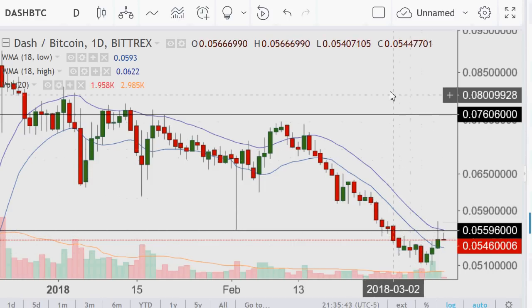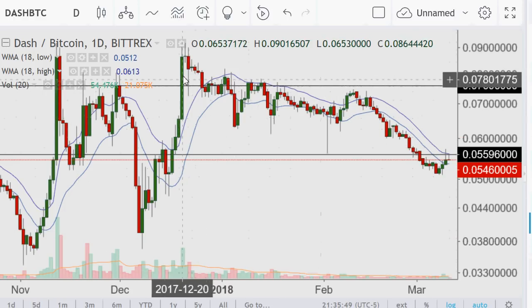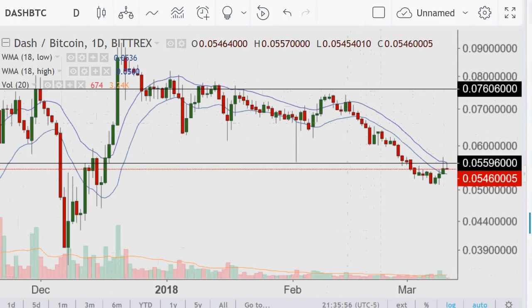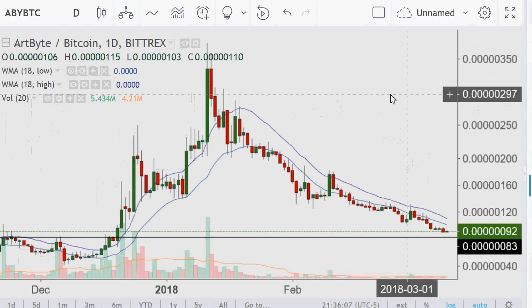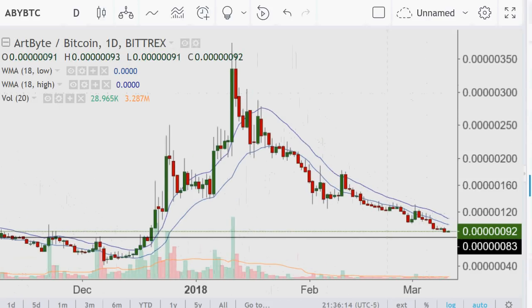And then I'm thinking, okay, fast move, where are we going to? It would probably be a fast move up to the 75 handle, where you'd probably see noticeable green candles. At least to that, that's your conservative level. So that's Dash. ArtBite, I mean, it's still in a downtrend. However, I have a line at 83. That's all I'm going to say about that.